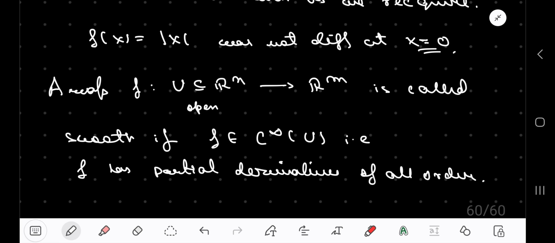That is, you can talk about third, fourth, fifth, sixth and so on mixed partial derivatives. It has partial derivatives of all orders.